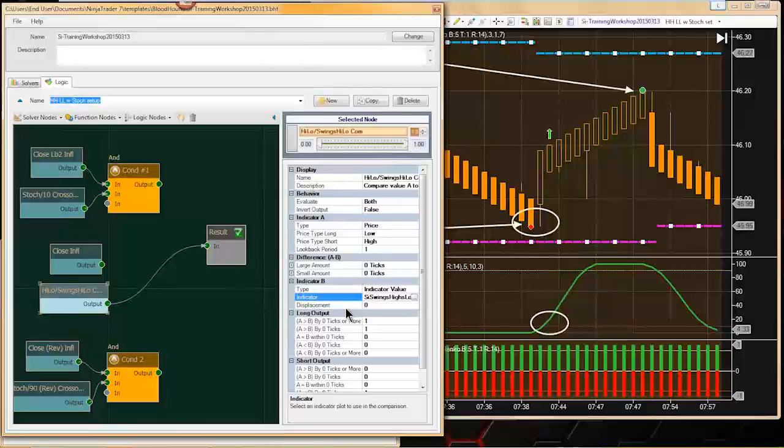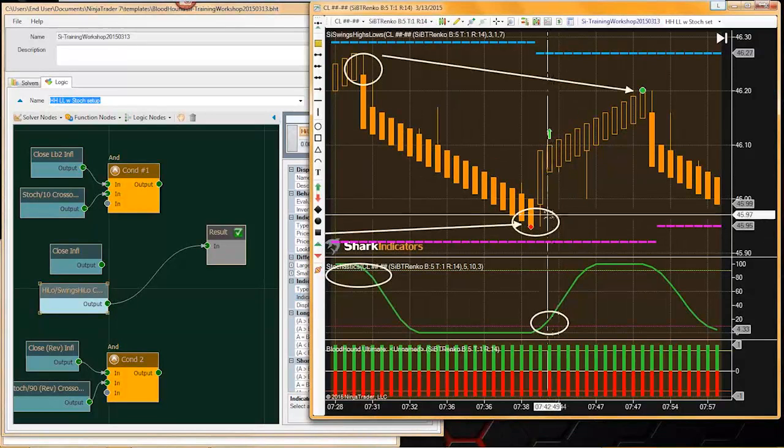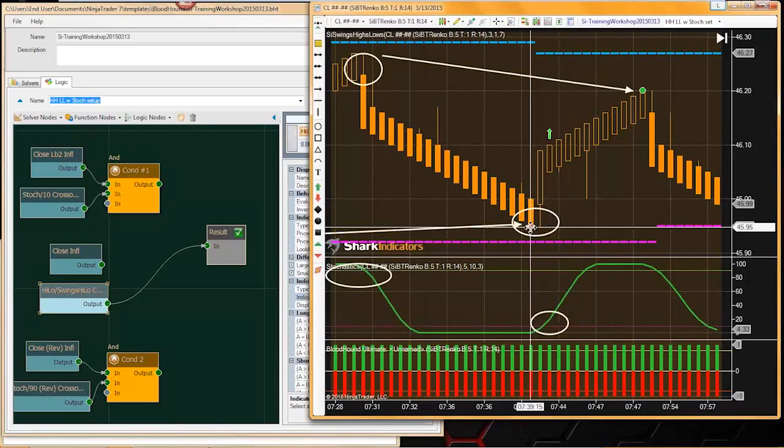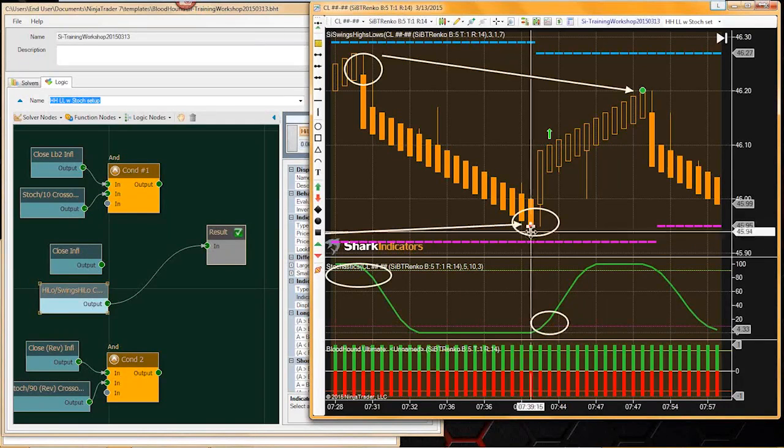All right, and let me just make sure the outputs are set correctly, and I'm pretty sure they are. Yeah, so when we think about this, we want the low price to be greater or higher than our plot line here.